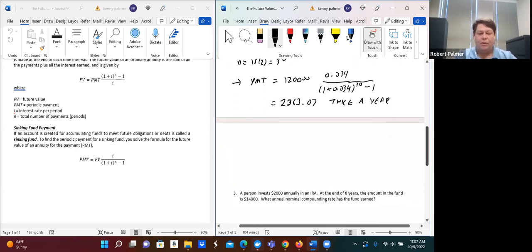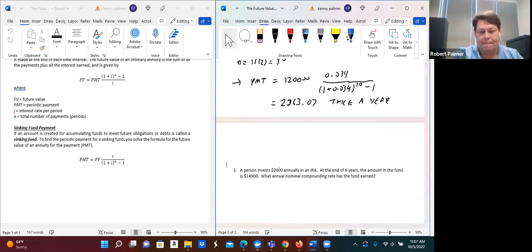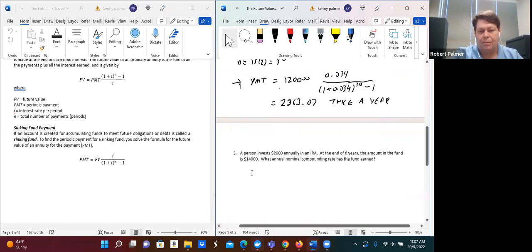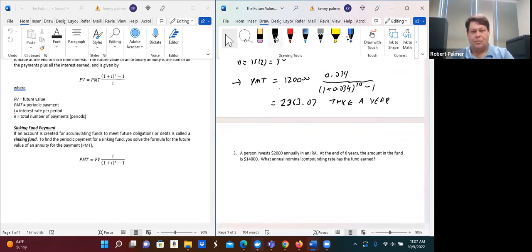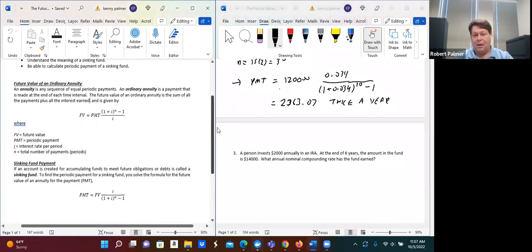Okay, one final question. Let me move this up a bit. Now, this one asks, a person invested $2,000 annually in an IRA. This is an individual retirement account, so basically an annuity, an ordinary annuity. At the end of 6 years, the amount in the fund is $14,000.